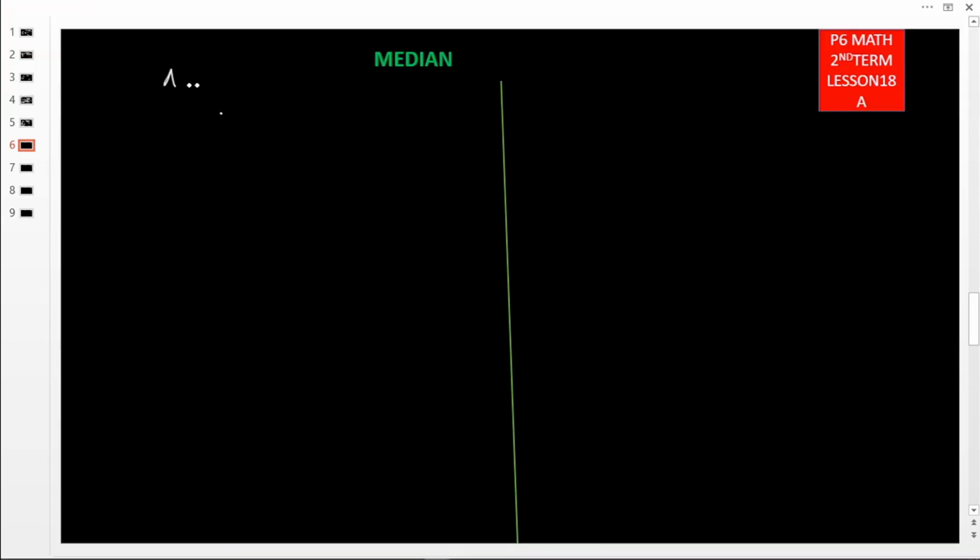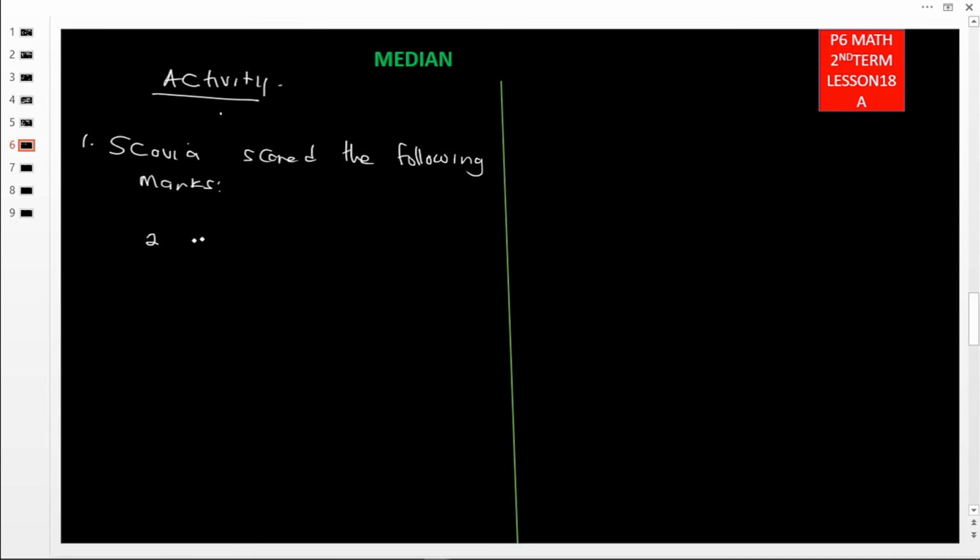Okay, so let us get our activity. Please try to submit your work on time. Number 1 is saying Scovia scored the following marks: 1, 2, 0, 4, 3, 2, 9, 2, 8, then 4.